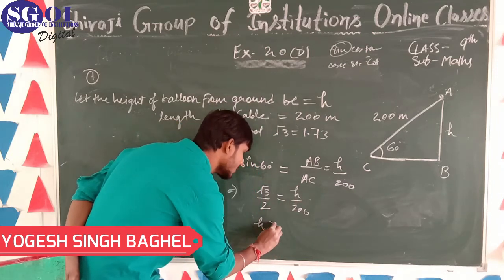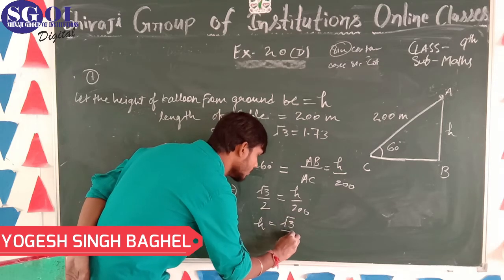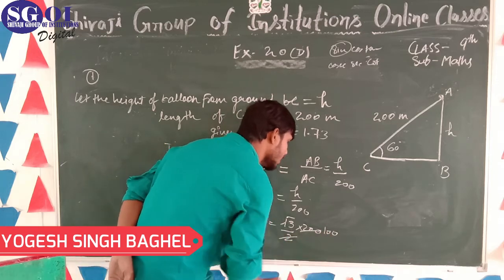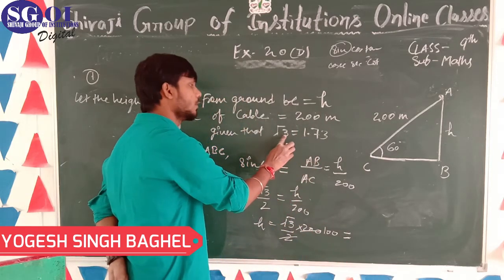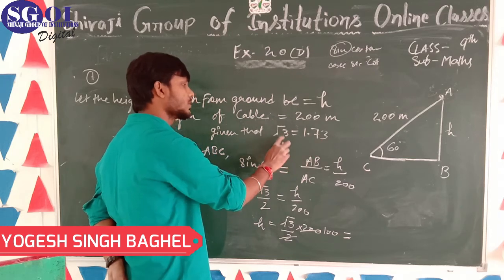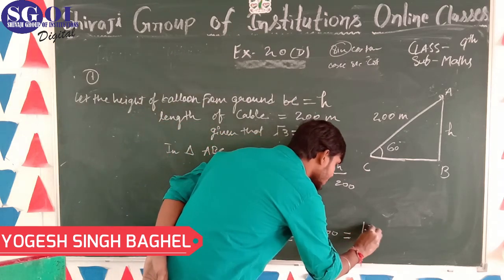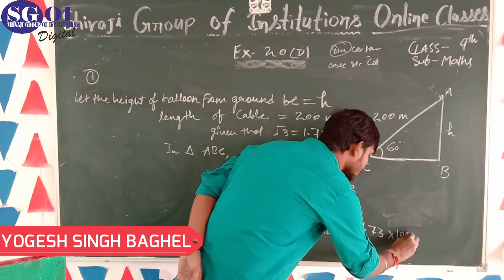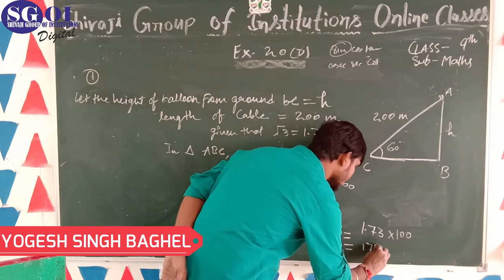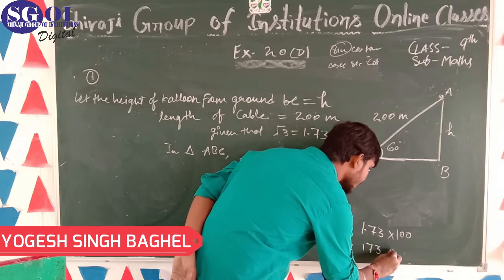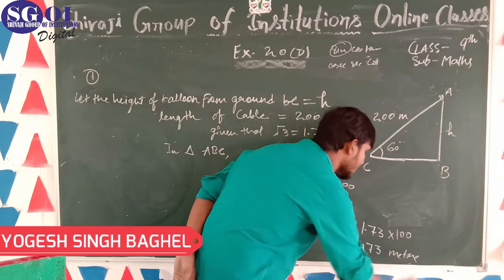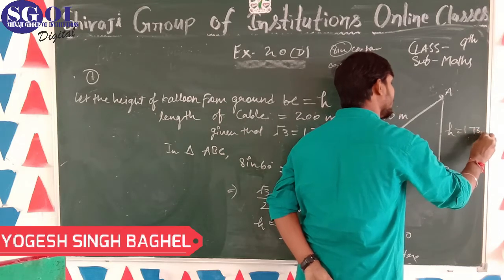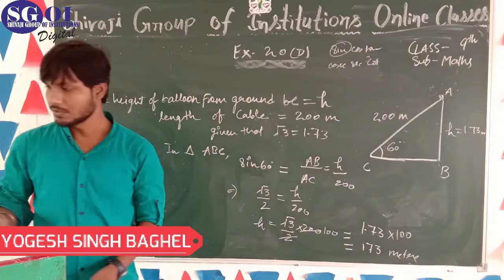So h is equal to root 3 by 2 into 200, which is 100 root 3. Using 1.73 in place of root 3, we get 1.73 into 100, which comes to 173 meters. This is the height. Clear students? So this is the answer.